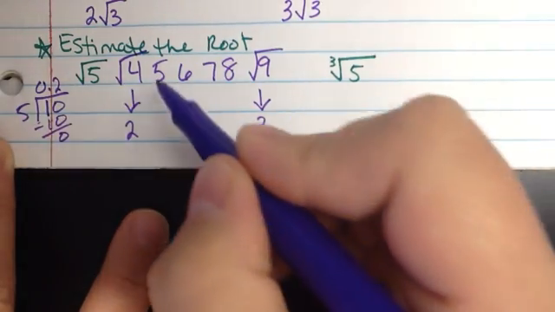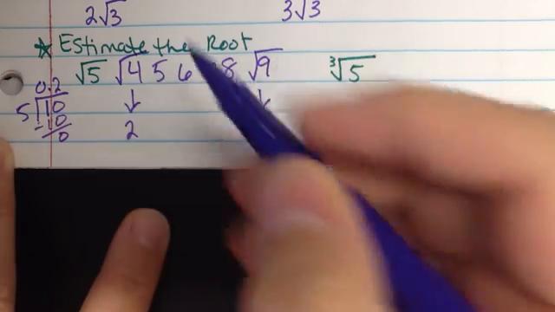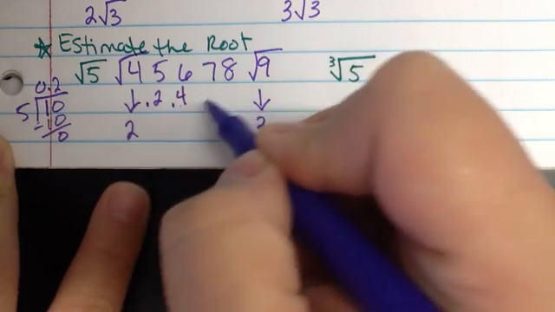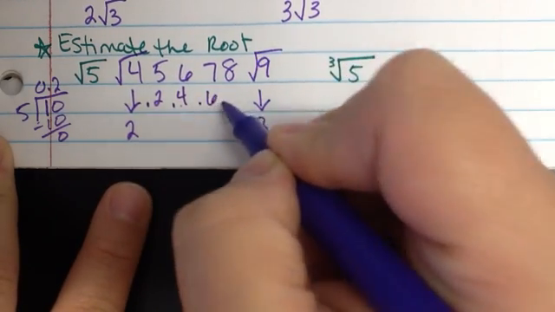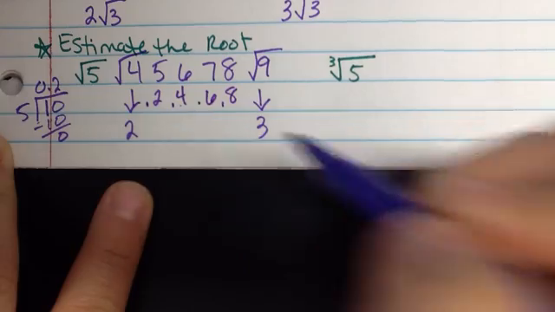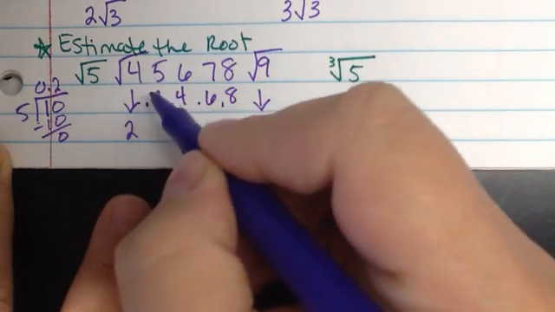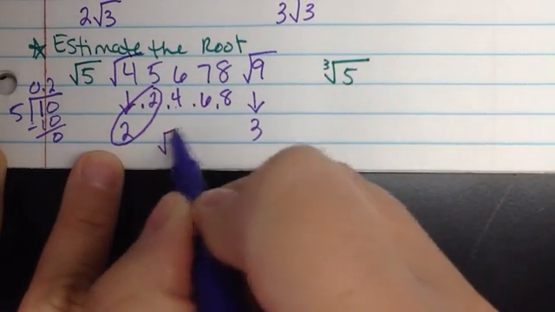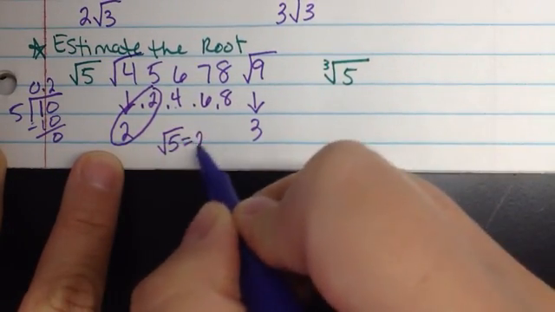We get 0. So each one of these is worth 2/10. So this would be 0.2, 0.4, every time we're adding 2/10. 0.6, 0.8, and then another 2/10 would make it 3. So the square root of 5 is approximately 2.2.